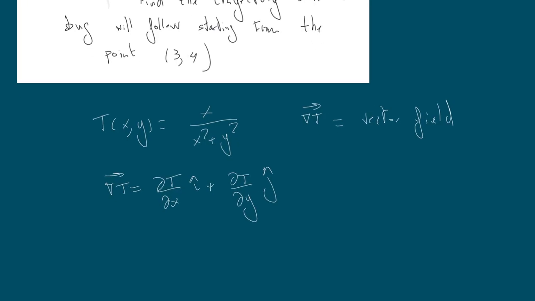And why is this the vector? Well, because the change in temperature is the derivative of T with respect to x times dx plus the derivative of T with respect to y times dy. So this is the small change in temperature that takes place when you move in the direction dx and dy.